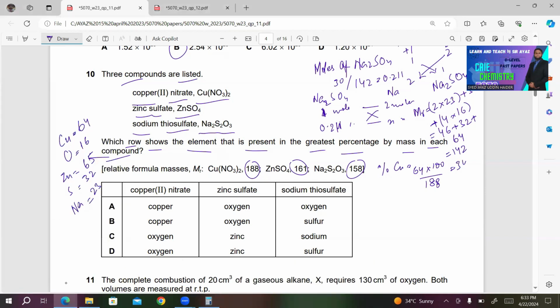That gives 34.04. What about oxygen in Cu(NO3)2? So we have 3 multiplied by 2, 6 atoms of oxygen.